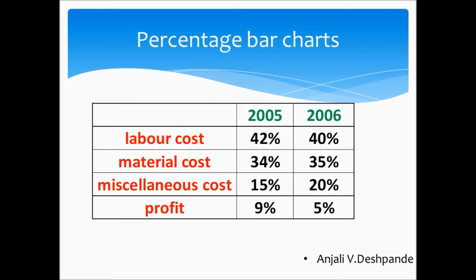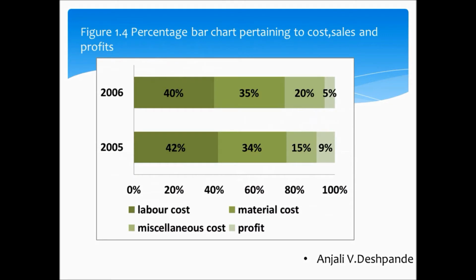So here you can see some data of a certain company. This is given in terms of percentage for the labor cost, the material cost, then the miscellaneous cost, and the profit. So we are going to see how to represent this by making use of the percentage bar chart. So you are now looking at a percentage bar chart. As was said just now, you can see that each bar is of the same length.